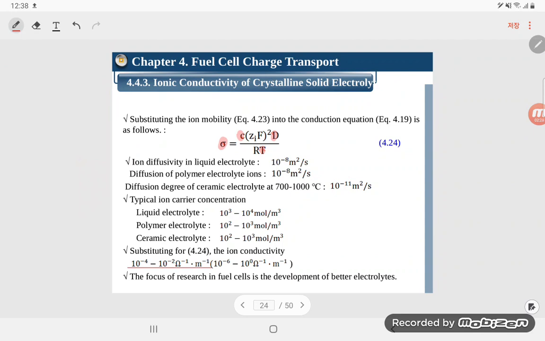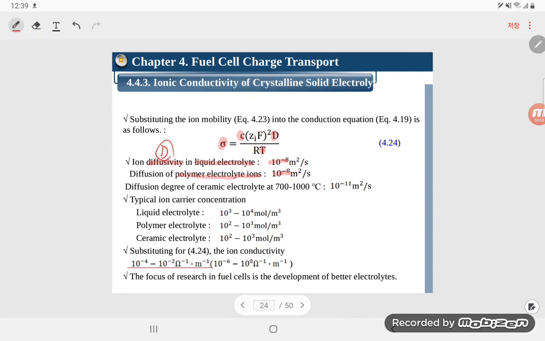So ion diffusivity in liquid electrolyte generally has a value of 10 to the minus 8 meter squared per second, and the diffusivity D of polymer electrolyte ions has almost the same value as the liquid electrolyte.